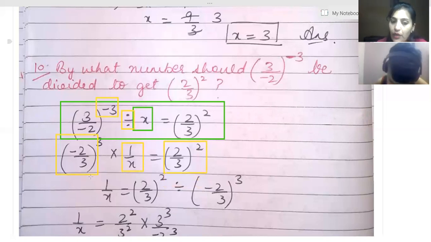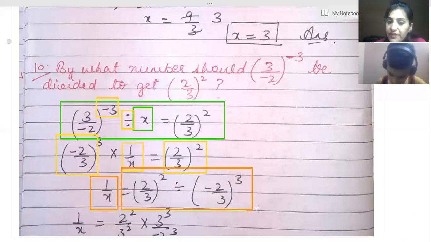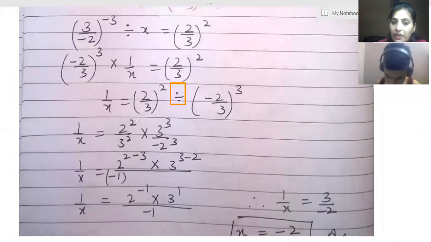Now 1 by x will be equal to (2/3)^2 divided by (-2/3)^3. Now again when you have to convert this division sign into multiplication, you will reciprocate the fraction.